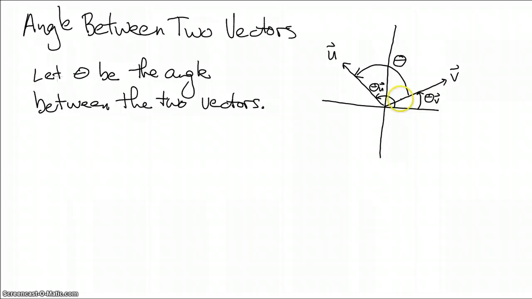Alright, so some of you might be thinking ahead and thinking, okay, if I find the direction angle for u and I find the direction angle for v and I just subtract those, then I can get the angle between the vectors. And for most of the time that will work.